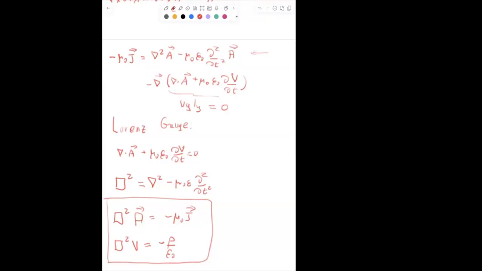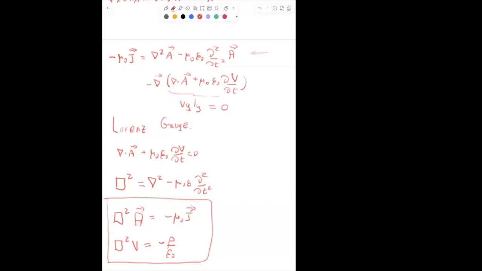What we are going to do is actually solve these equations. What do I mean by solve this equation? It will be a formal solution, in the sense that I'll give you some J, and with some integral, I'm going to find A, and give me some density of charges, with some integral, I'm going to find V. And that is essentially a replacement of Coulomb's and Biot-Savart's law for the solution of Maxwell equations.